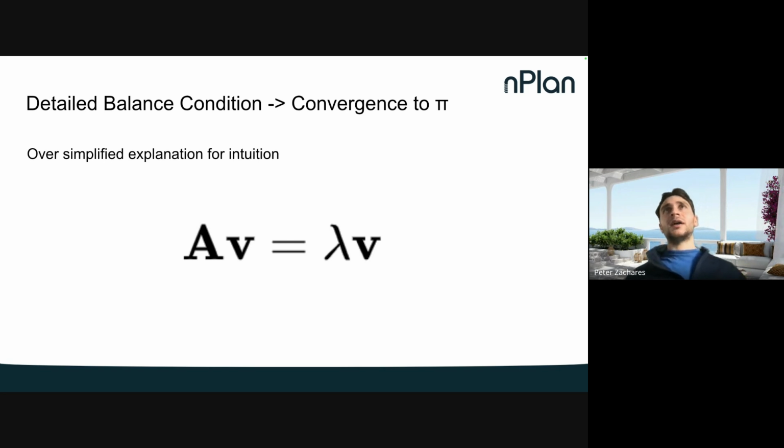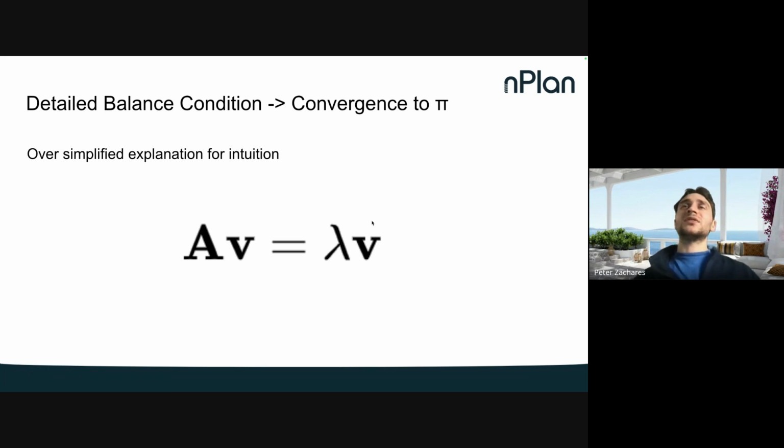But I haven't shown you why, starting from any state, your model will converge to the stationary distribution. And again, I'm giving a very simplified explanation, which isn't completely correct. Actually, I think it's like 50% correct, but the intuition of it is correct. So that's what I'm hoping you'll take from it.